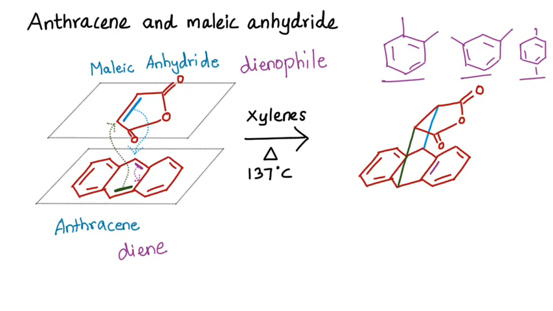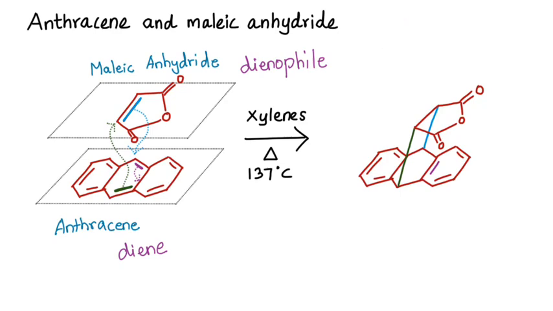The xylenes have a very high boiling point. They boil at 137 degrees centigrade. That is why we choose this solvent. This is also one of the post-lab questions that you want to answer. Xylenes are a high boiling solvent.